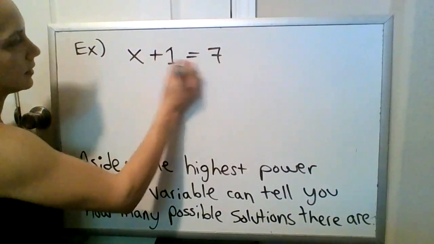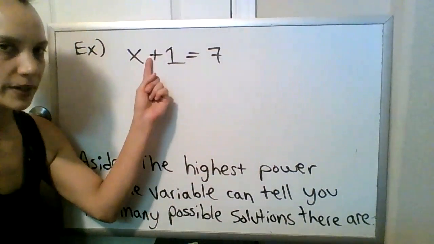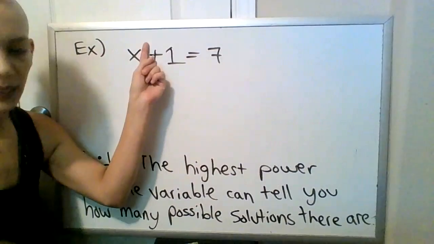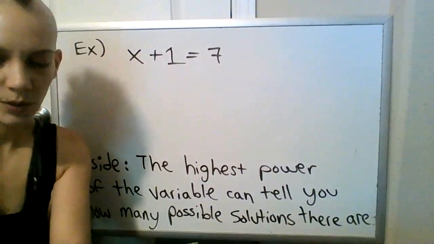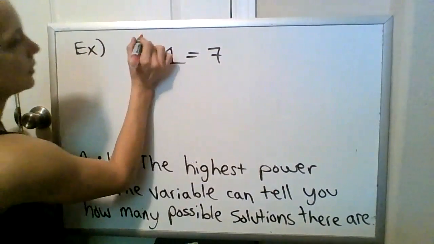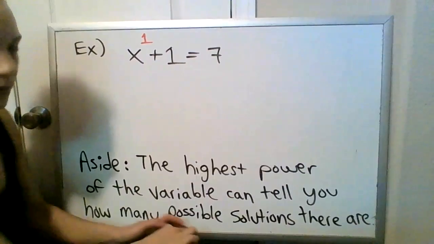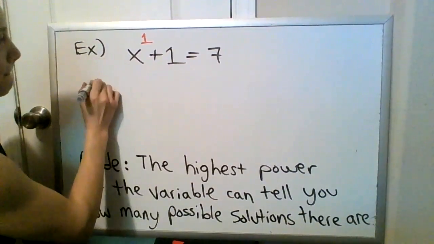The highest power is on your variable, and it's a power of 1. So when there's no power written, which we'll get to soon, we're going to cover exponents in class, just not today. So there's a 1 here, which means you could have one solution.